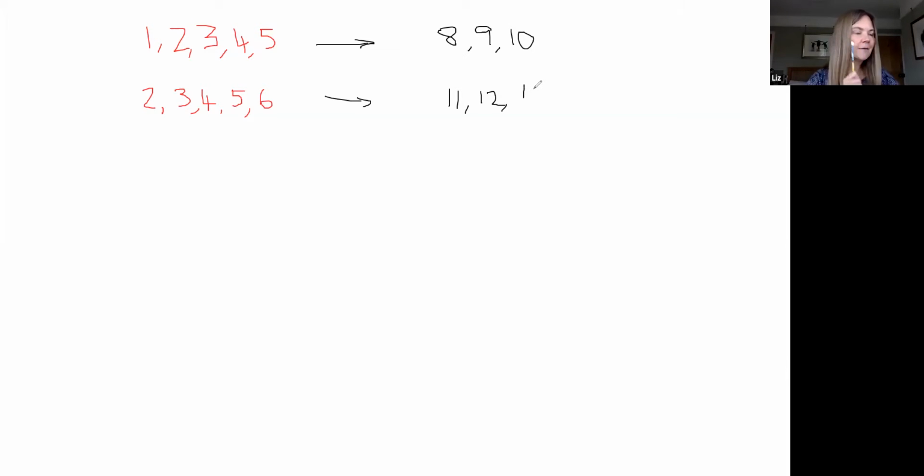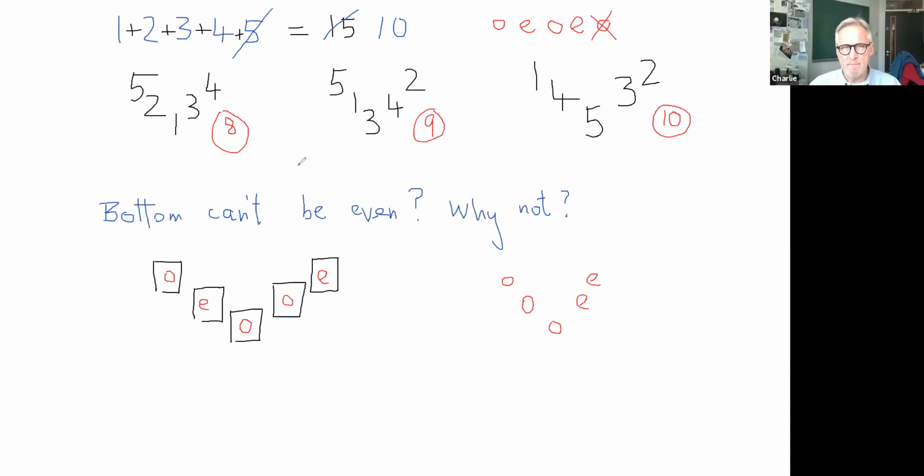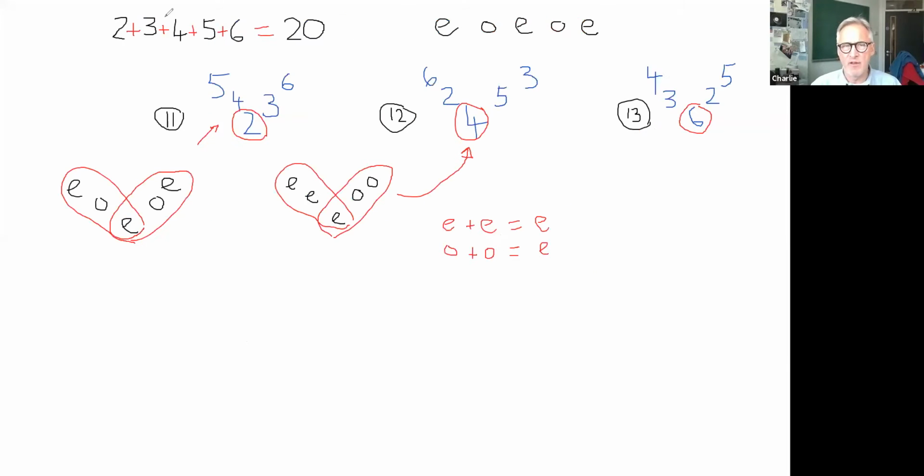That's interesting. So as a final challenge, because we're going to run out of time soon, could we have a magic V, do you think, where the totals for each arm are 100? Ooh, right. There's a challenge for everybody. So we've seen magic V's with arms of 8, 9, 10, and arms of 11, 12, 13.